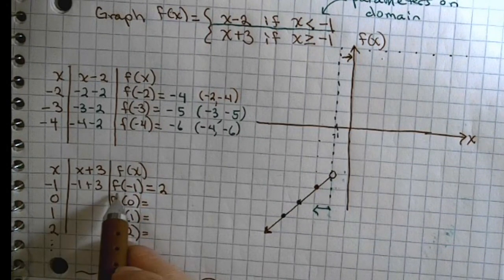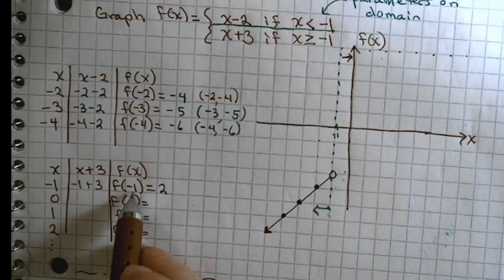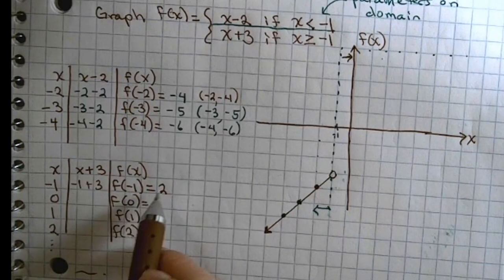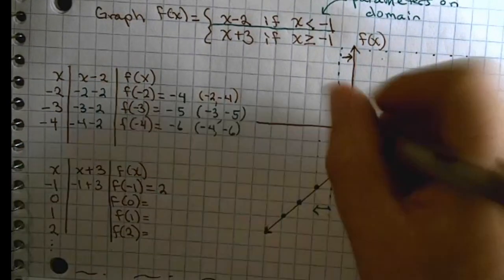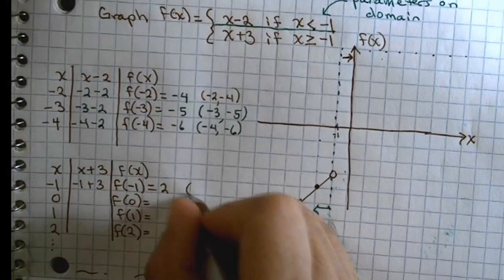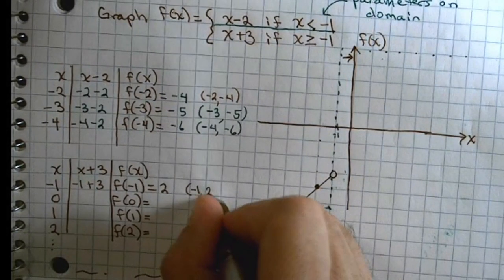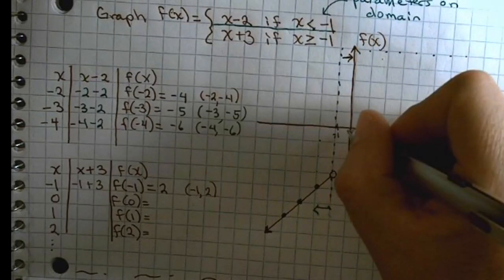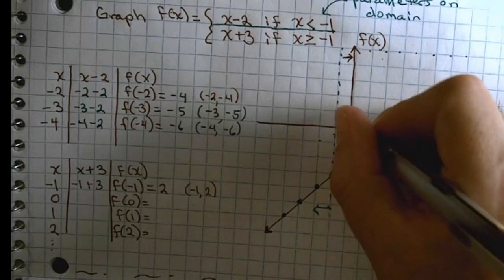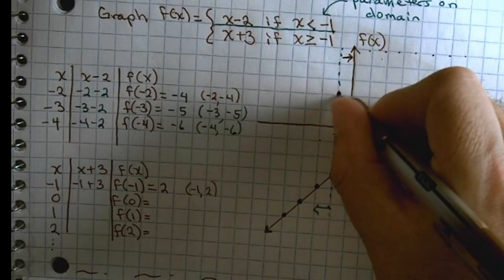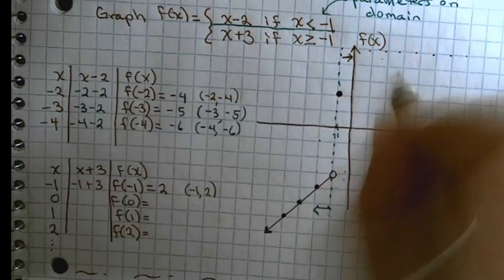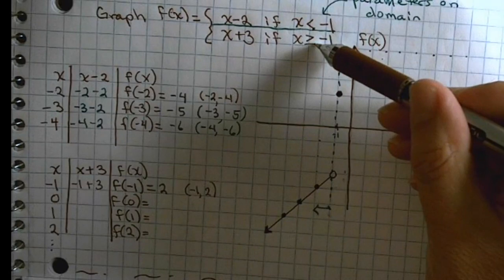So this gives me the point x is -1 when y is 2. This time it's going to be a closed dot because x does equal -1.